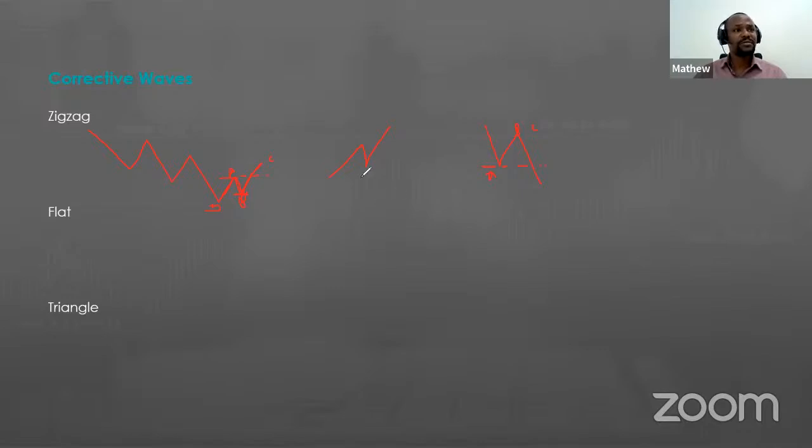For an uptrend, where you had 1, 2, 3, 4, 5, the B is a little bit lower than wave 5. In this case, this is 1, 2, 3, 4, 5, so the B is going to be lower, right?